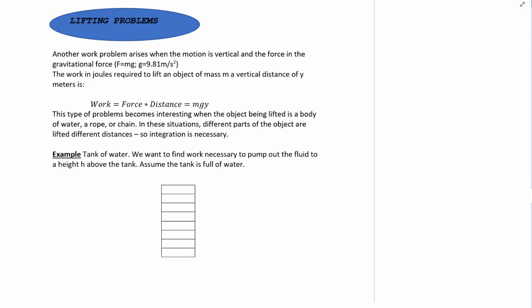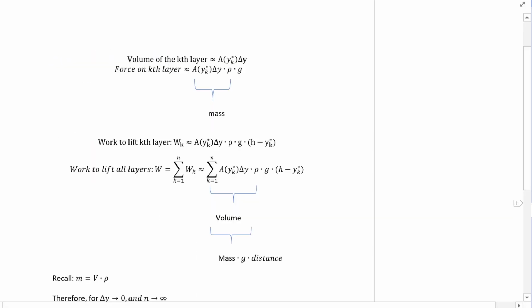Another type of problem is the lifting problems. The work we need to lift is the force times the distance. But what happens if we are lifting at different distances? Then integration is going to be used.